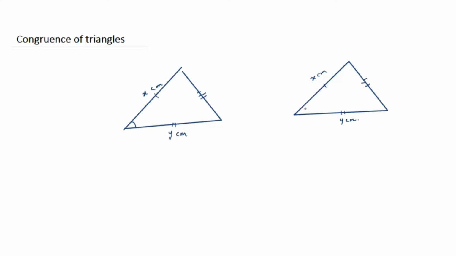So that means if two sides of a triangle are given and the angle between them is given, it is called the included angle, the angle lying between the two sides. So this is one side of a triangle, this is the other side, then the angle they form between them is called the included angle. So when two sides of a triangle are equal and the included angle between them is equal, it's called the SSS congruence rule.